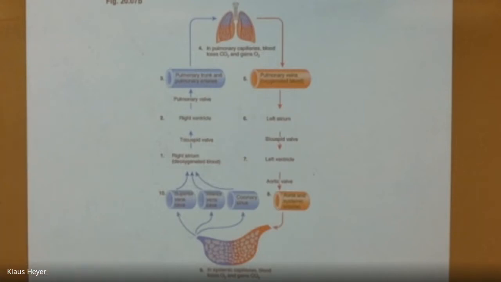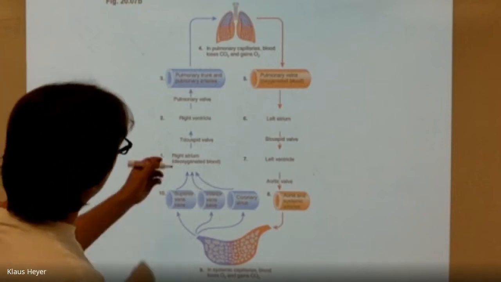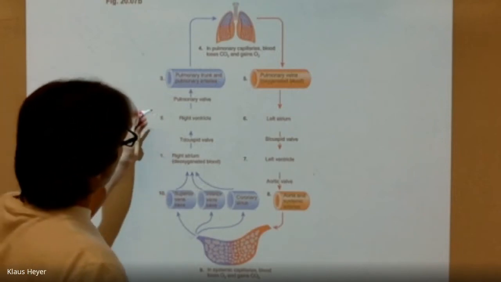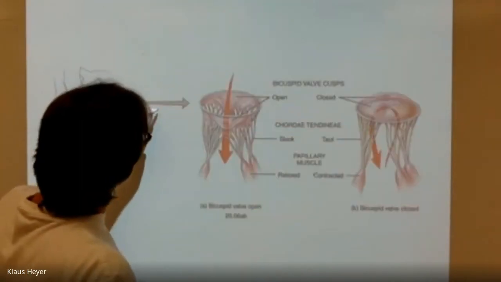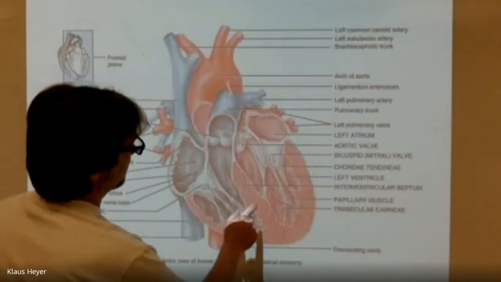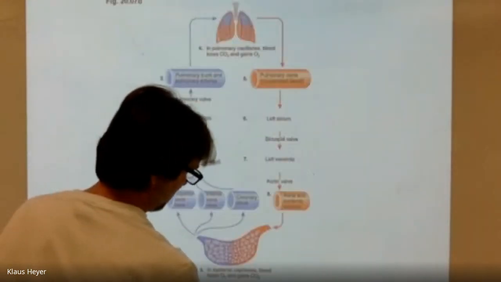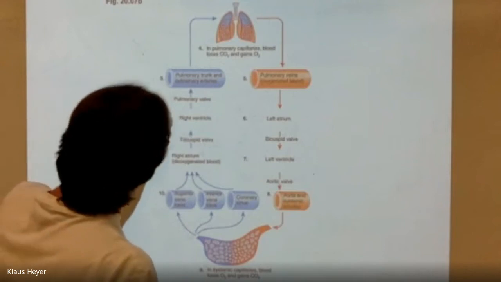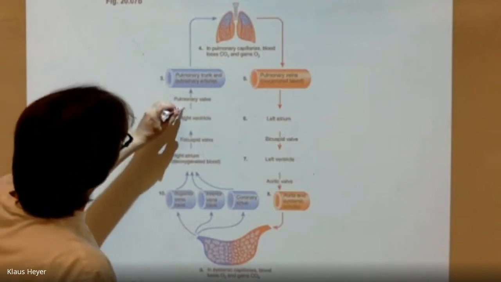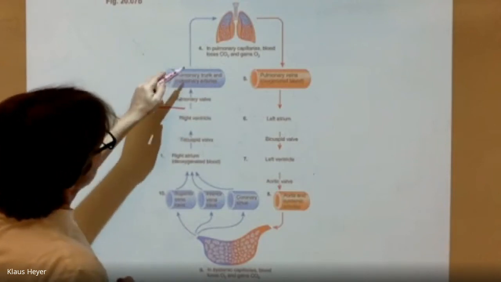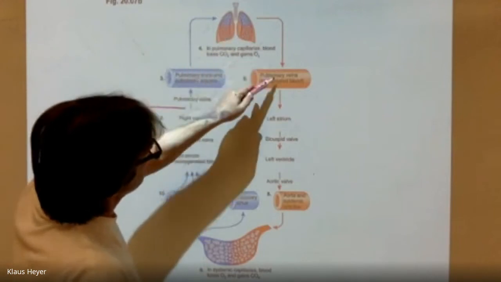So pulmonary circulation is when the blood leaves the heart, goes to the lungs, and back to the heart. So we'll start here. Pulmonary valve. Leaves the heart, goes to the lungs, comes back to the heart again.